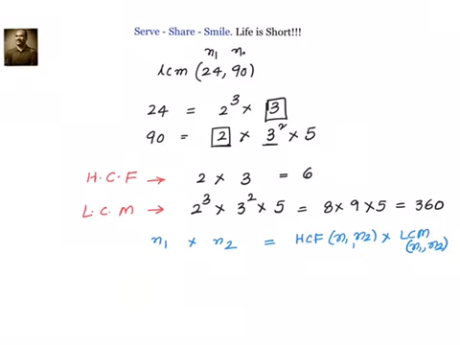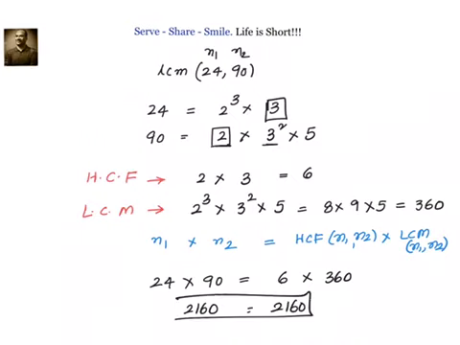So 24 into 90 is equal to HCF of 24 and 90, we know that is 6, multiplied with LCM, which is equal to 360. We can cross check that. We have 24 into 90, 2160, and 6 into 360 also 2160. So HCF into LCM of two numbers equal to n1 into n2, or product of two numbers equals product of HCF and LCM of those two numbers.